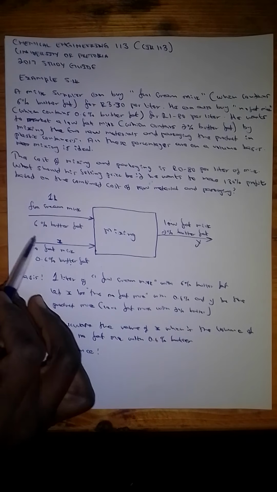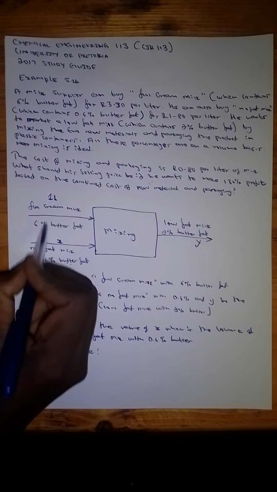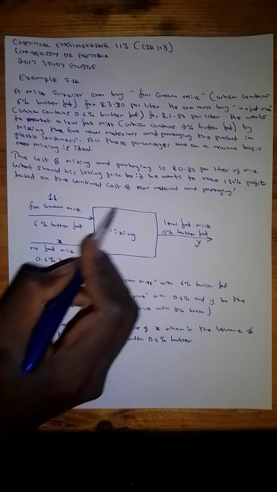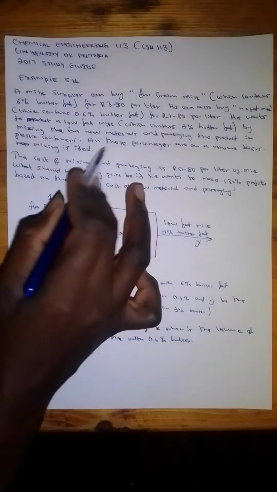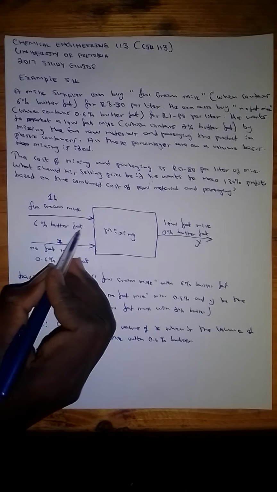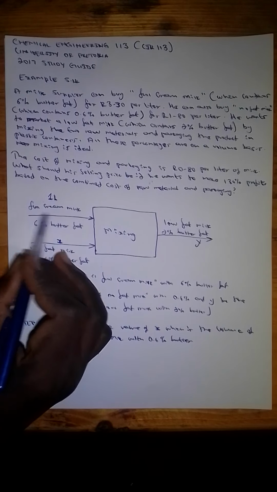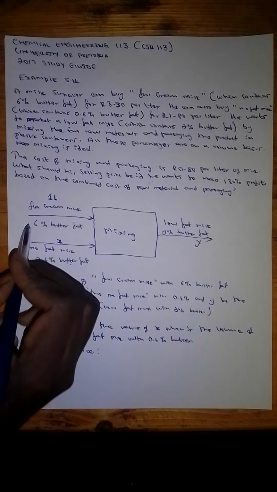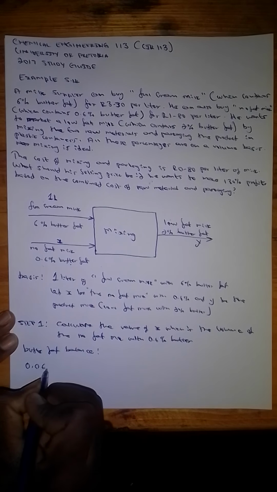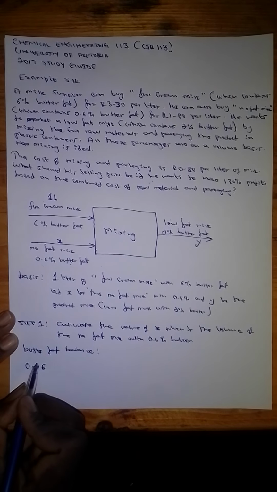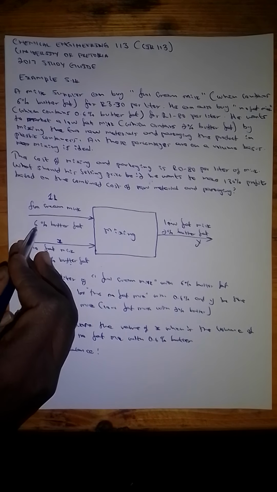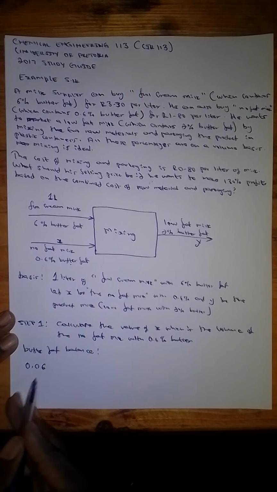Remember that all the percentages are on a volume basis, so the 6% is 6% of the volume being butterfat. When we need the volume of butterfat in the 1 liter, it's simply 0.06, which is the volume fraction. As a reminder, to get the volume fraction you divide 6% by 100%, and it will give you that.